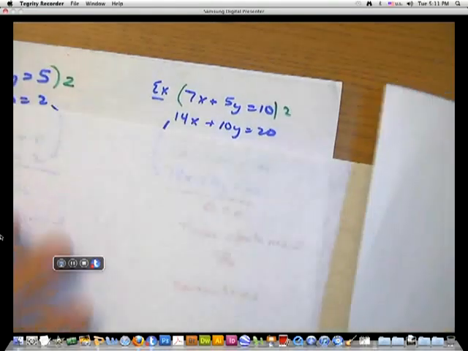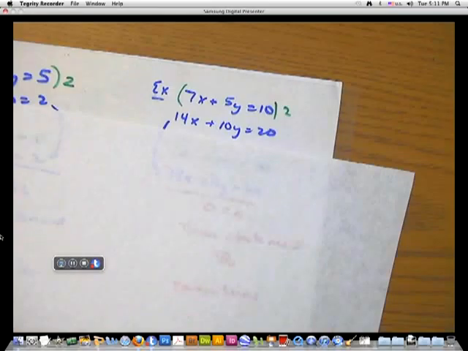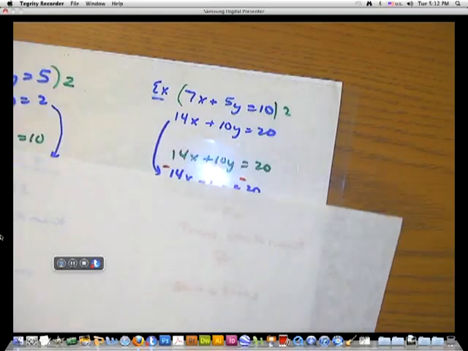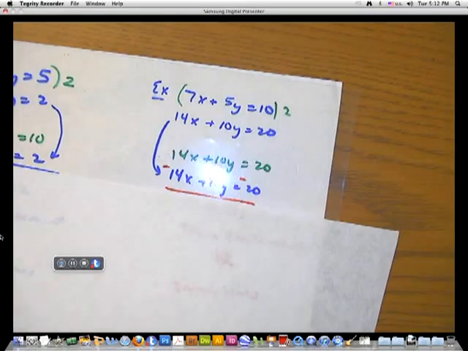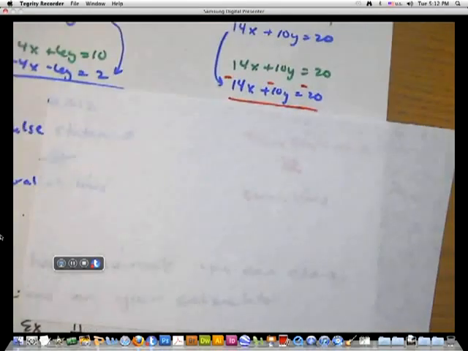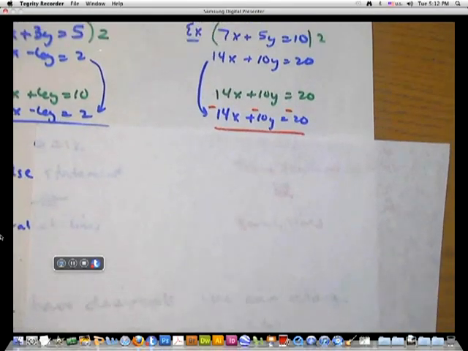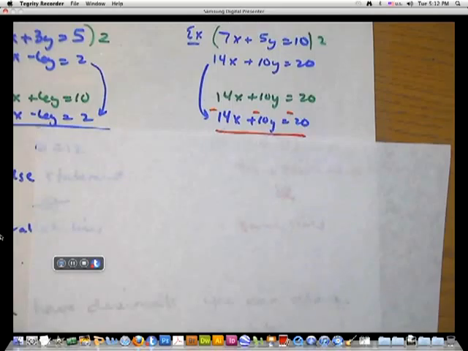Okay, so let's try this one. In the blue is my lines here. Here I have to multiply by a 2. If I multiply by a 2 though, notice I don't get rid of anything. They're all the same sign. So then I have to change one of the equations by a negative. Now some of you are like, well, why can't I just multiply by a negative 2 up here?